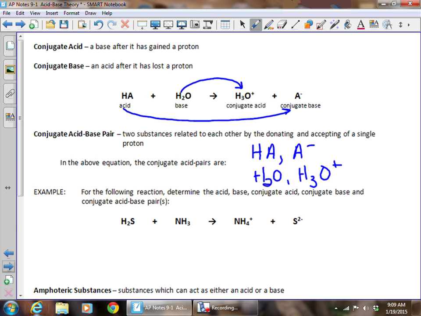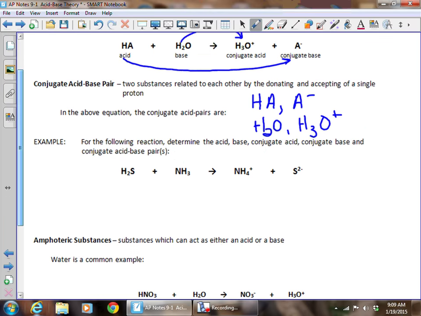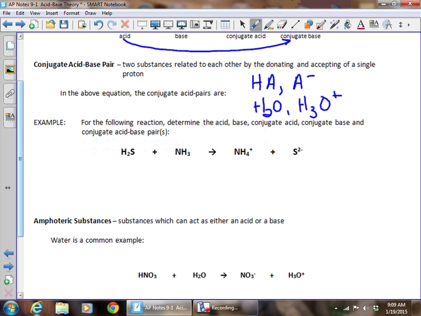The only difference between either of those pairs is the presence or absence of a single hydrogen. So look at this example. It says for the following reaction, determine the acid, the base, the conjugate acid, base, and the conjugate acid-base pairs. So often in a multiple choice question, you might be faced with what's one of the conjugate acids, or which of the following is a conjugate acid-base pair in this reaction.